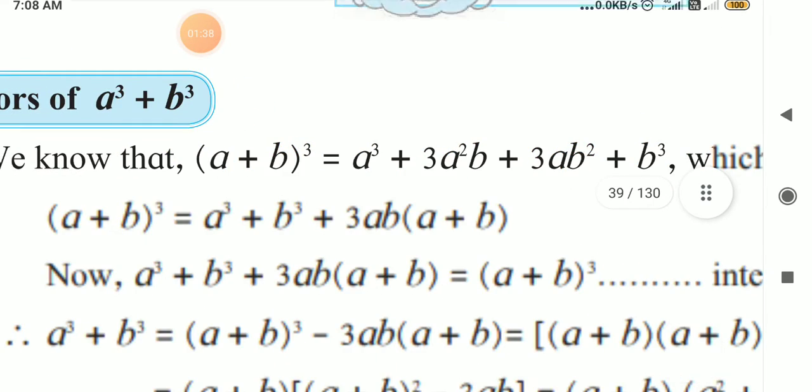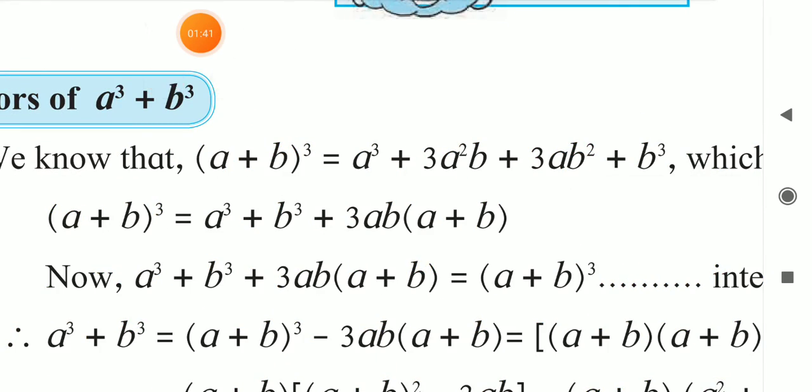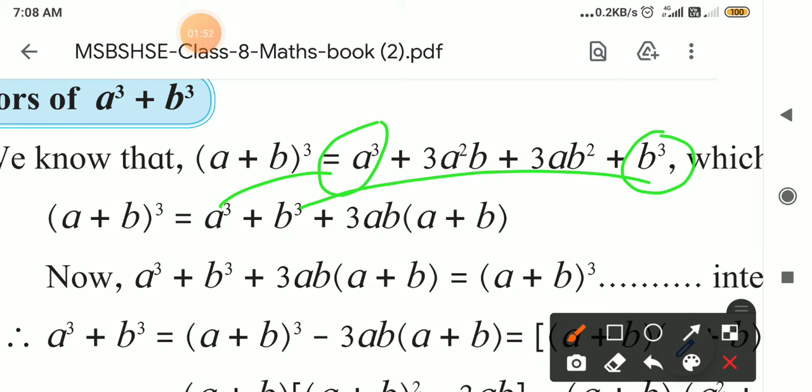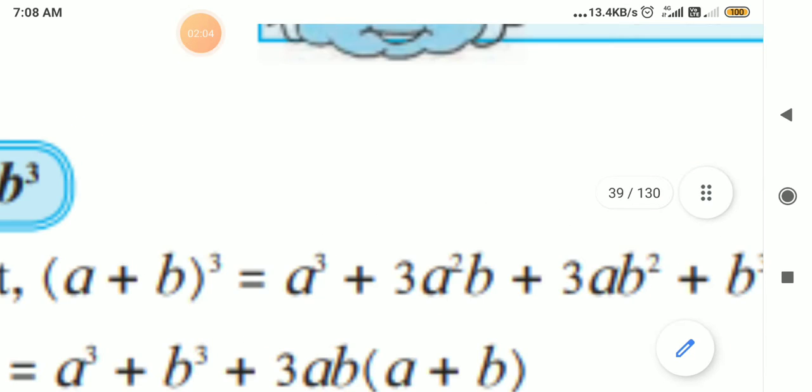Here they wrote this a cube and b cube in front, and from the two terms 3a square b and 3ab square they take out the common factor. I will show you here.